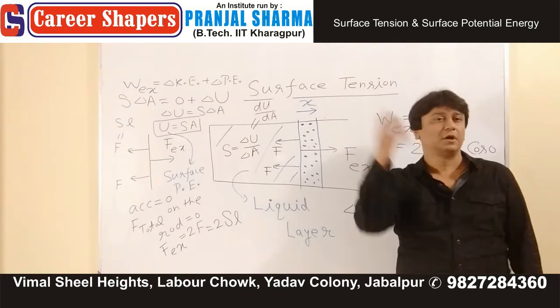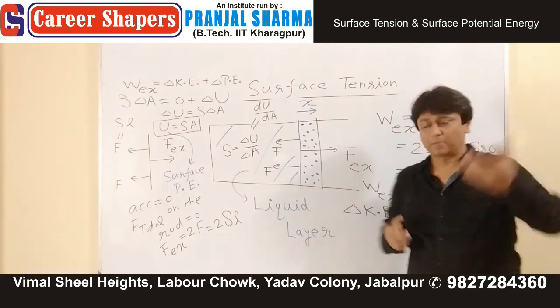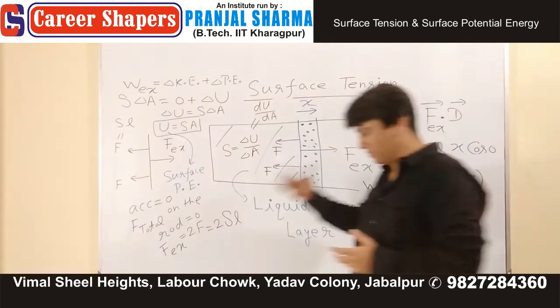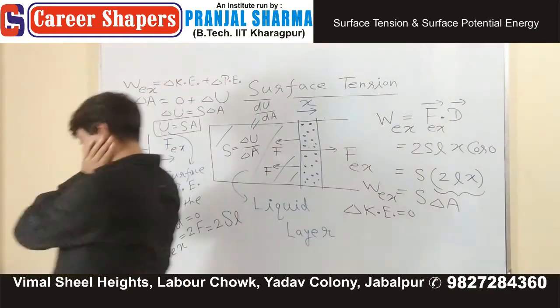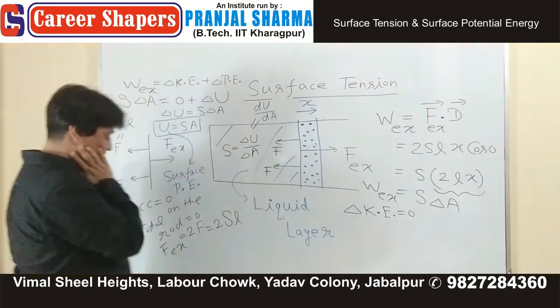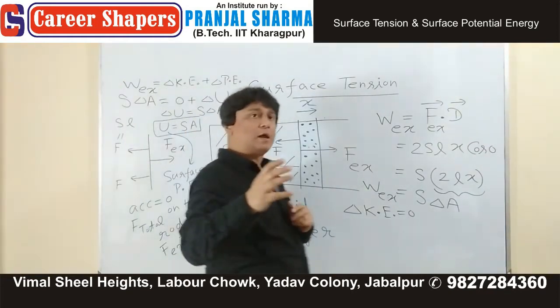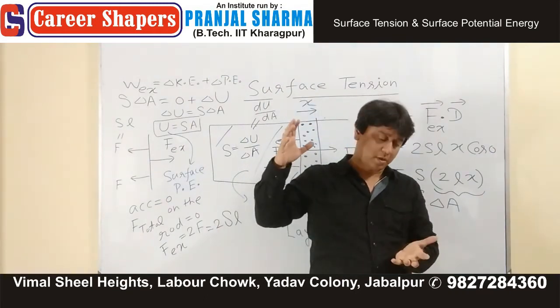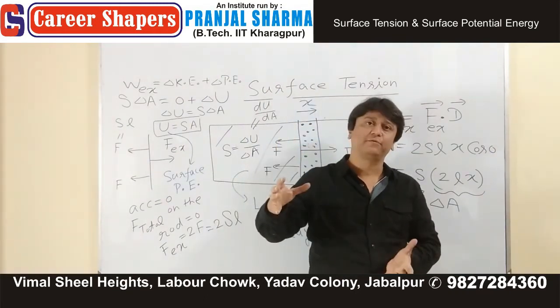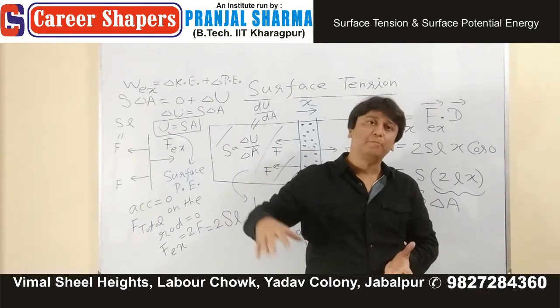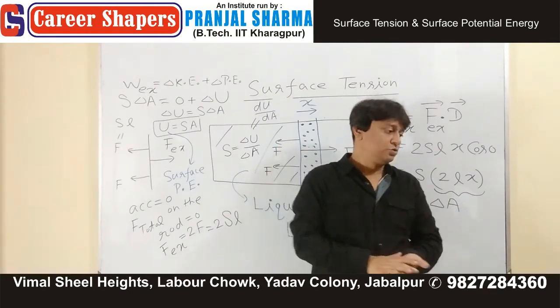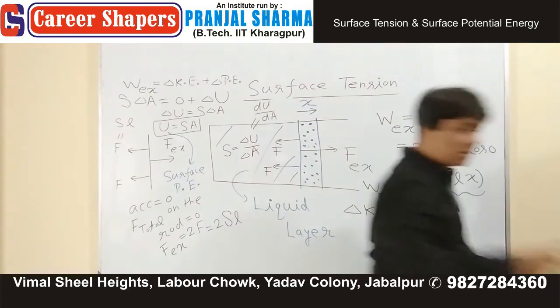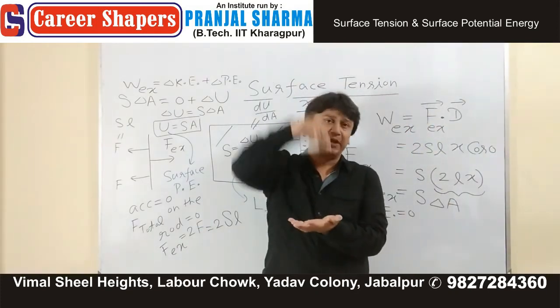Now this gives us a mathematical way of explaining things. Everything in nature has a tendency to be in a state of minimum potential energy. If you drop this marker, it is coming down.